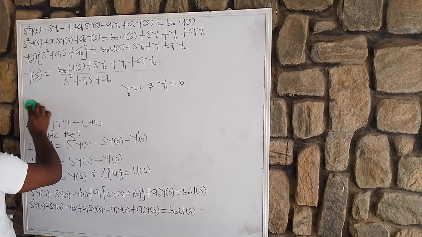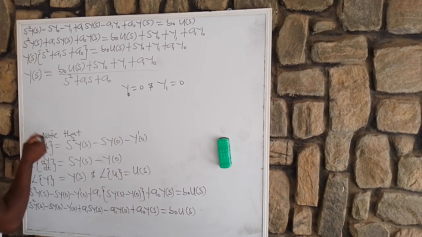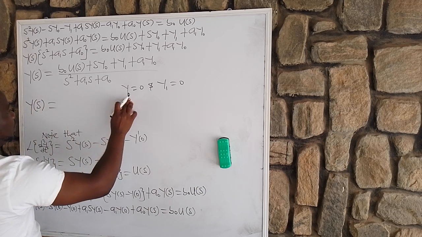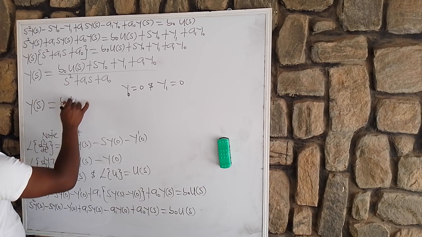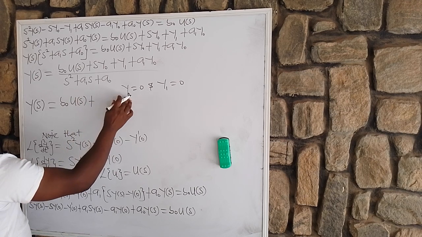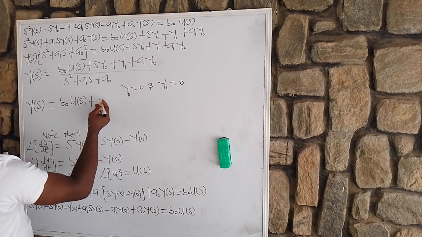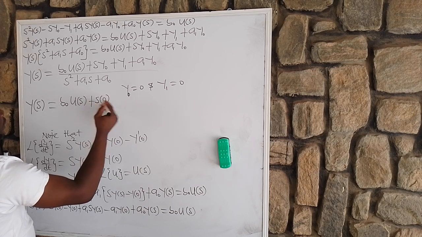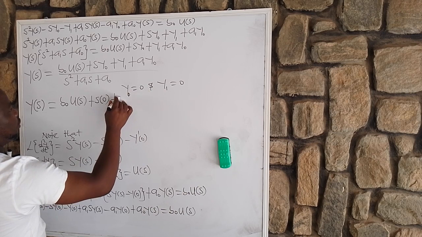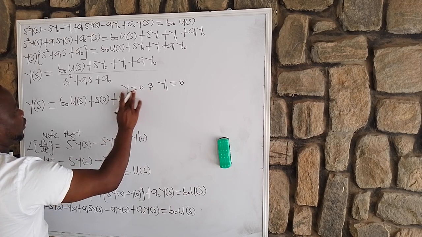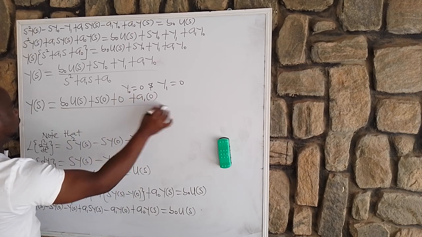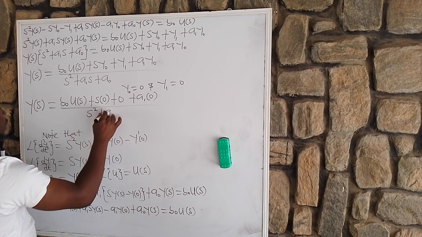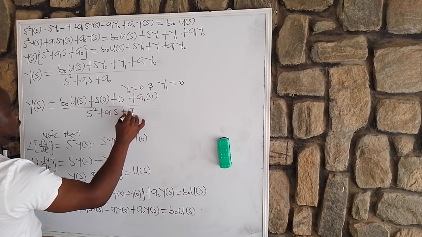Our initial value conditions must be 0, so b0 U(s) remains, plus s times 0 is 0, then 0, then plus a1 times 0, all over s squared plus a1 s plus a0.